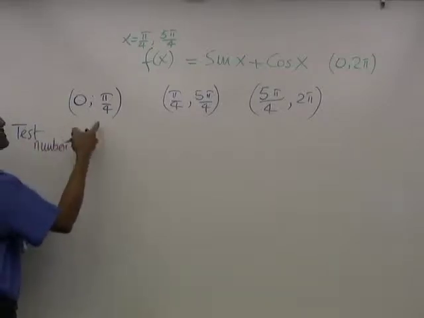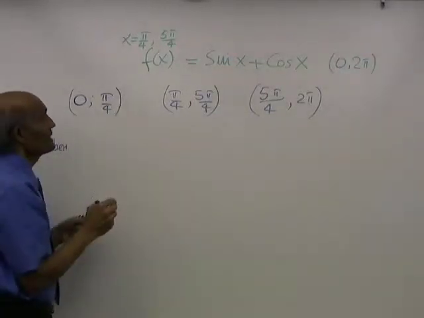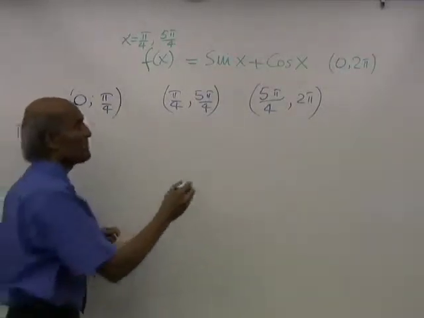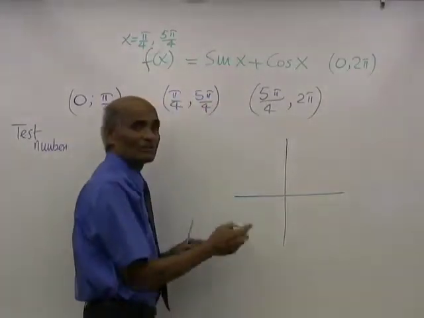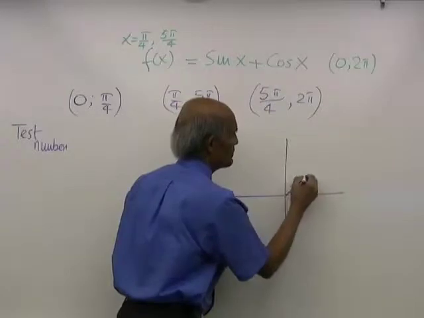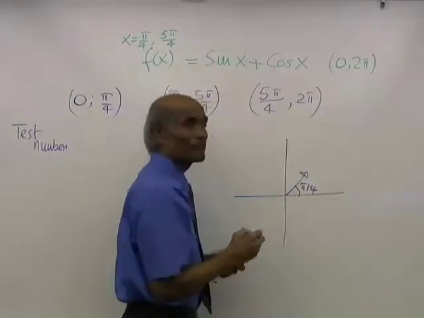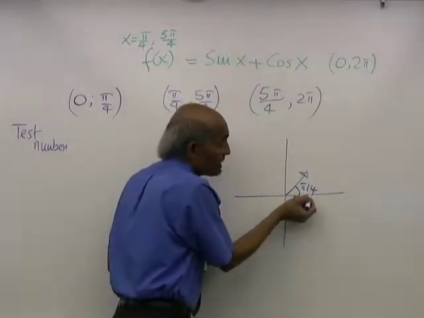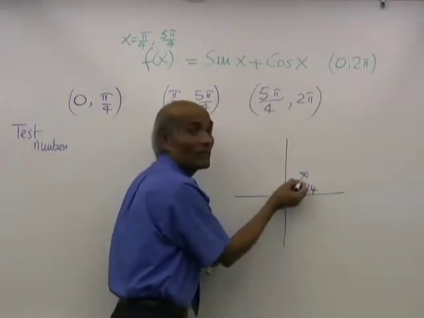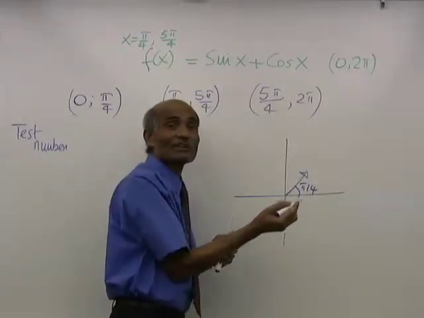Test numbers on these intervals. Alright, give me a test number from 0 to pi by 4. Now, to do that, again, draw that diagram. Now, this is 45 degrees, that is pi by 4. You can take as test number anything between 0 and pi by 4. Give me a number between 0 and pi by 4.